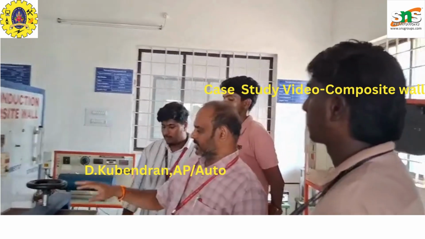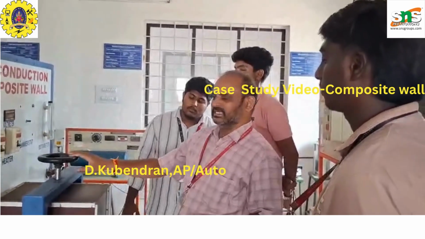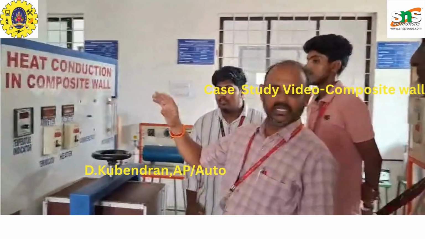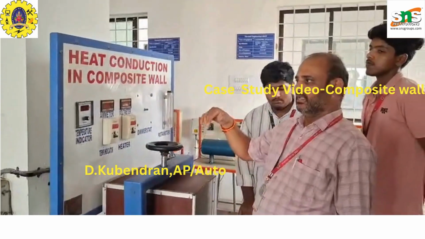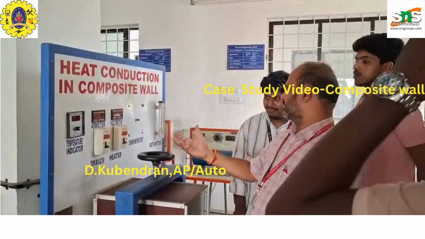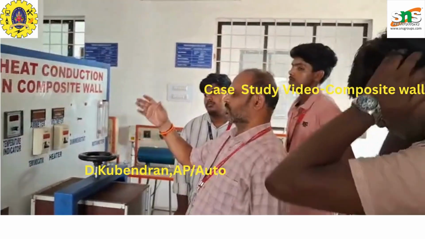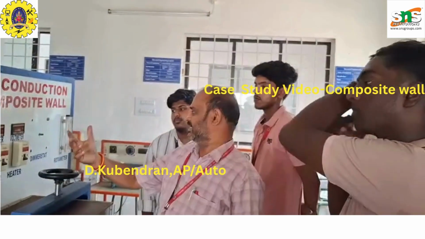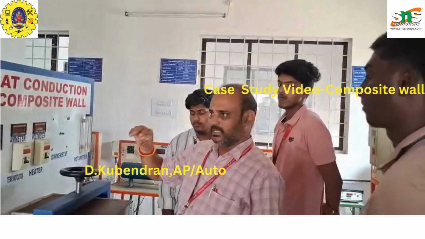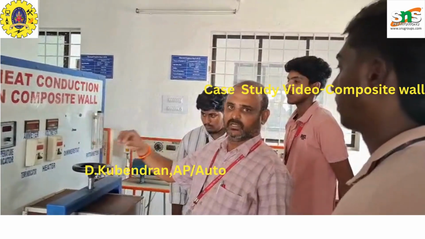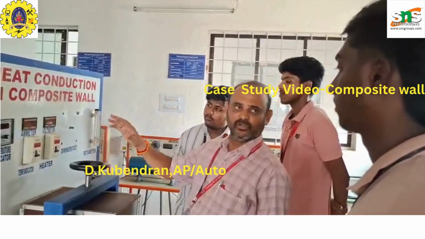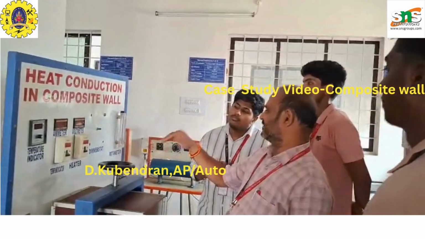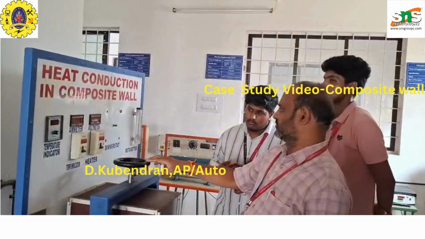Here, small h, as I already told, is the heat transfer coefficient. The heat transfer coefficient varies with the different elements. Copper has a different heat transfer coefficient, steel has a different heat transfer coefficient. All the materials have different heat transfer coefficients.